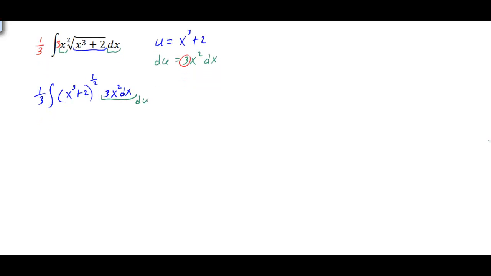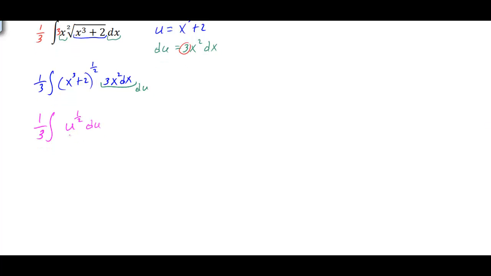Now we can perform our actual substitution. If you practice this enough, you can maybe skip this next step, and I'll show you what I mean in just a second. If we do the actual substitution here, then x cubed plus 2 becomes u raised to the 1/2 power, and 3x squared dx becomes du.